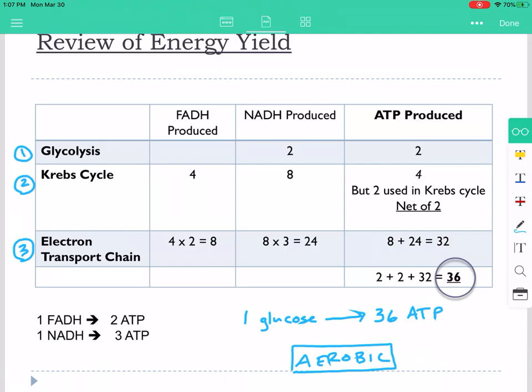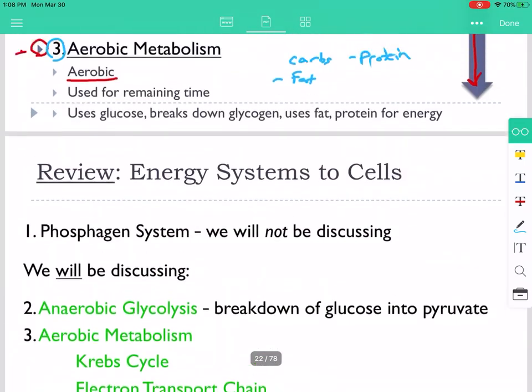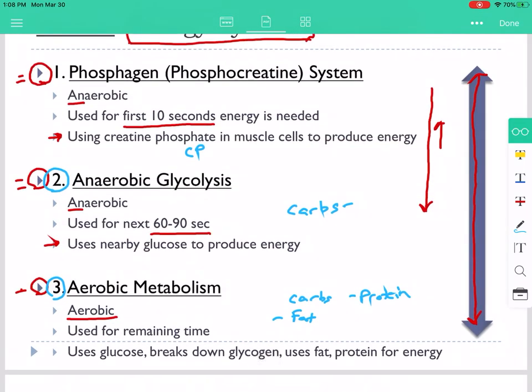That is phenomenal. This is why it's so important to get oxygen down to the tissues. Because once we have oxygen and we can do energy production aerobically, we can produce so much more ATP.